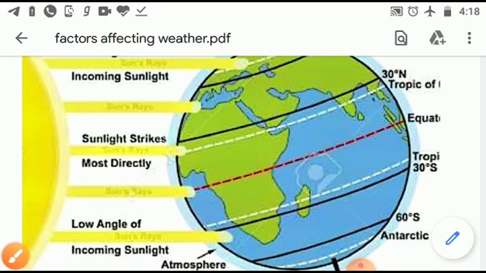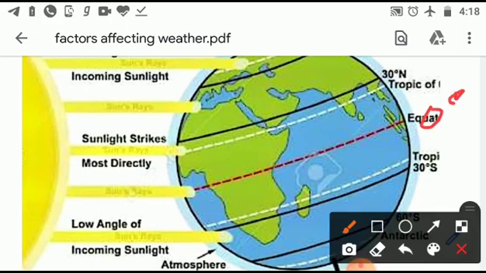The equator is generally 0 degrees latitude, whereas below and above it we have 30 degrees north and 30 degrees south. Then we have the Tropic of Cancer at 23.5 degrees north and the Tropic of Capricorn at 23.5 degrees south. Just beyond them we have the Antarctic Circle at 60 degrees south, and at the pole the South Pole.